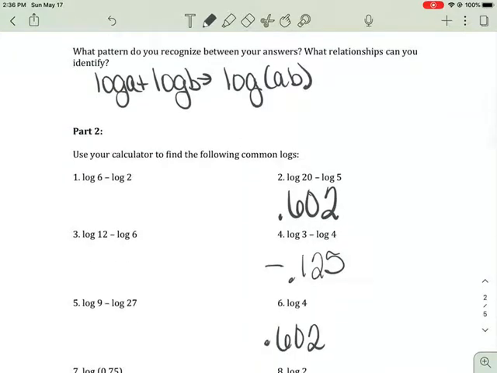All right, so I'm in the middle of doing the subtraction, so let's do that. 0.477.